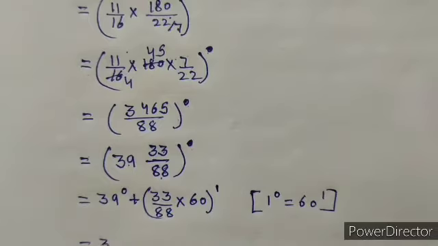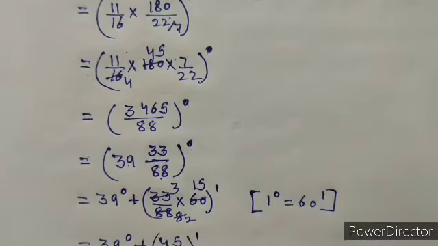and this will be equal to 39 degree plus 45 by 2 minutes. Now this will be 39 degree. Now 45 by 2 minutes can be written as 22 1 by 2 minutes.